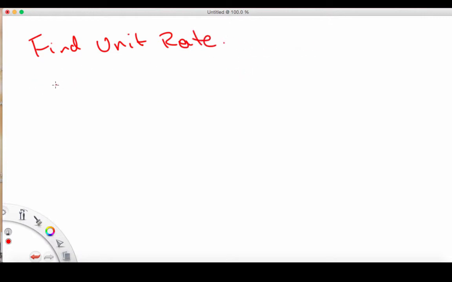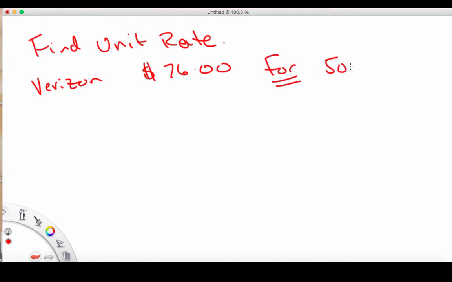For example, Verizon, your cell phone. They charge you for 1 month, let's say, $76, and, there goes the word for again, for every 500 minutes. I want you to find a unit rate for this. So my answer should have a denominator of 1.